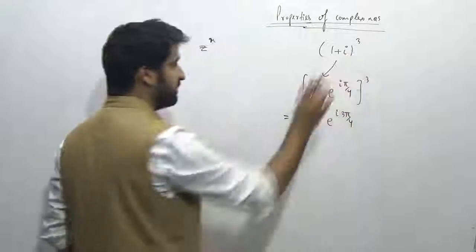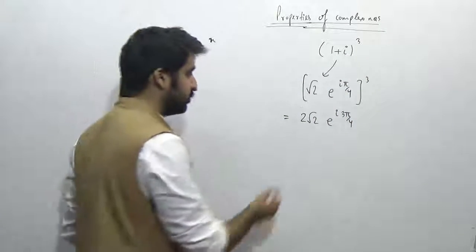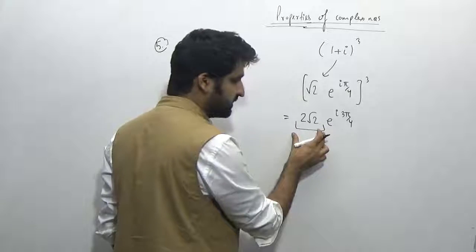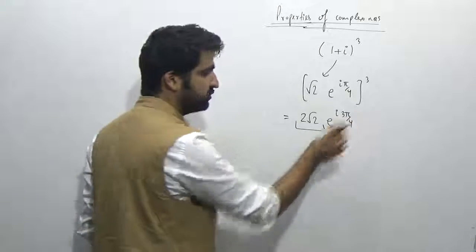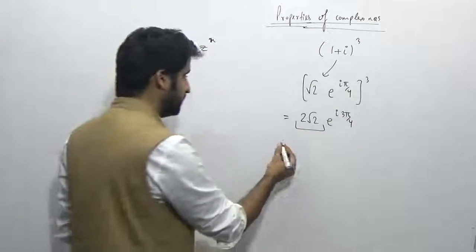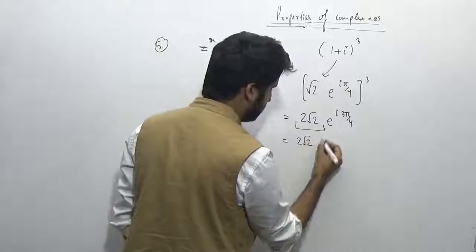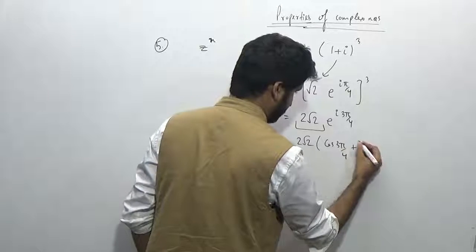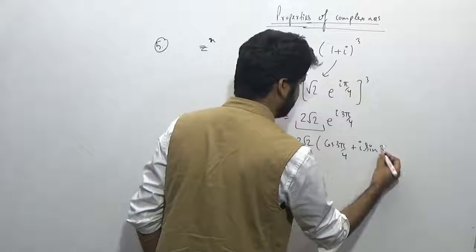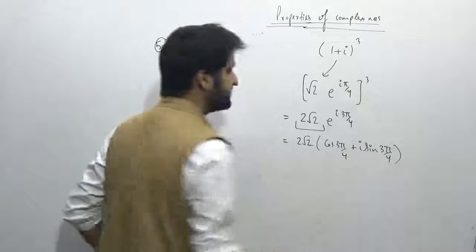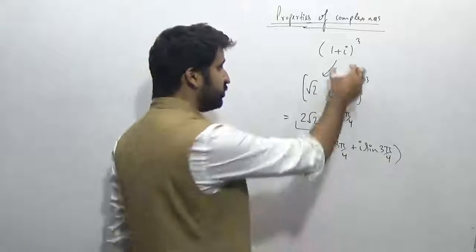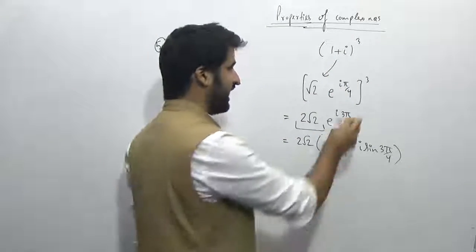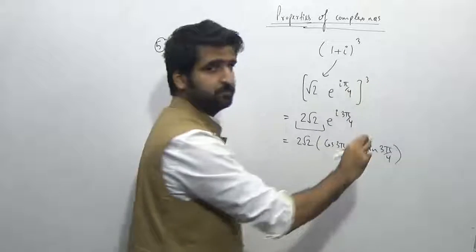So by cubing this complex number, we get a complex number whose modulus is equal to 2 root 2 and whose argument is equal to 3 pi by 4. So this complex number is nothing but 2 root 2 cos 3 pi by 4 plus iota sin 3 pi by 4. So we can easily see that if I took a cube of this complex number, the argument gets multiplied by 3.